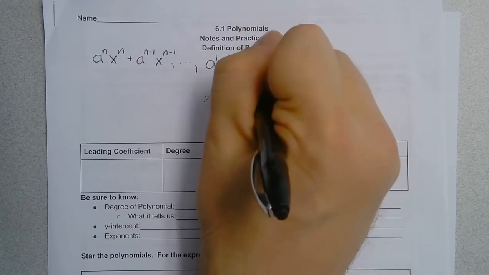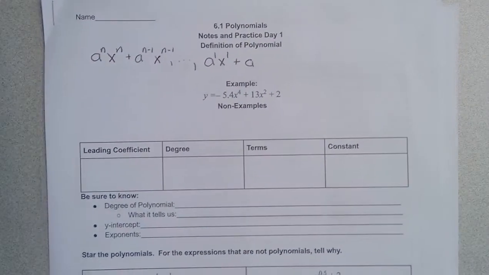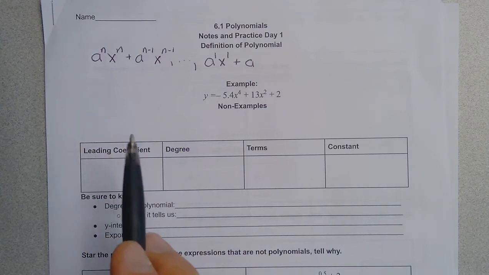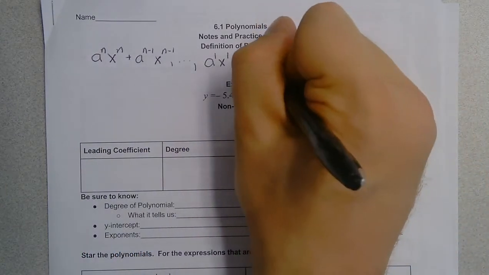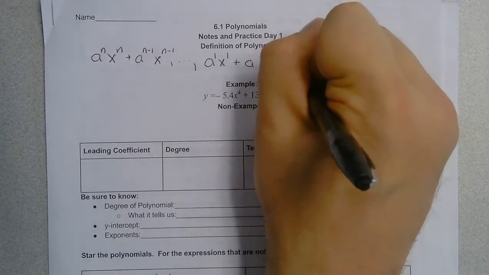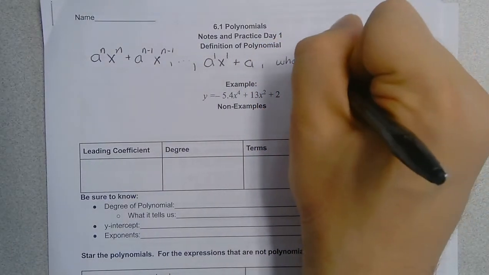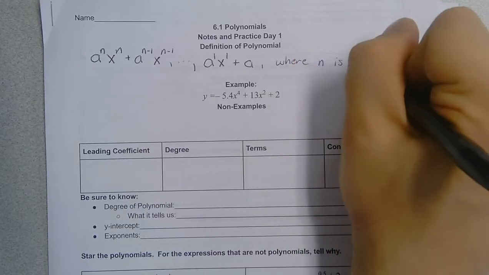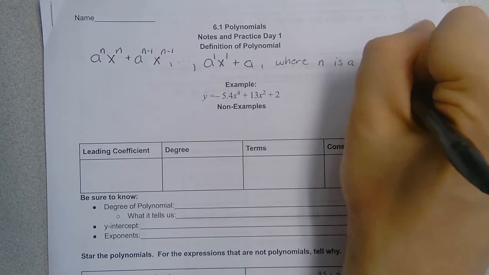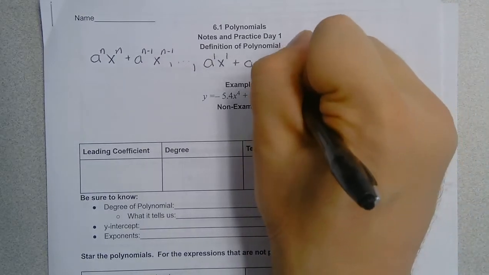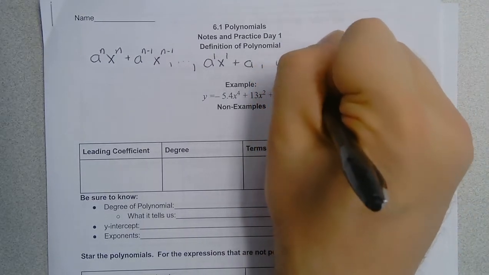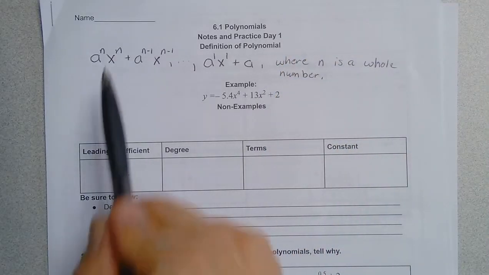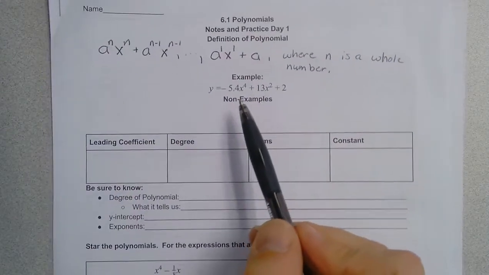And plus maybe some constant a. And then this is where n is a whole number. So that seems a little bit confusing, but we're going to look at some examples.